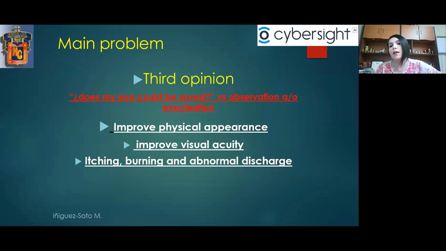In his town, they just told him that they could enucleate the eyeball or just observe. So he wants to improve his physical appearance, to improve the visual acuity, and also he has a history of itching, burning, and abnormal discharge of the right eye.